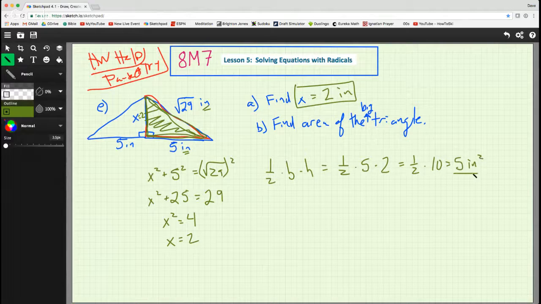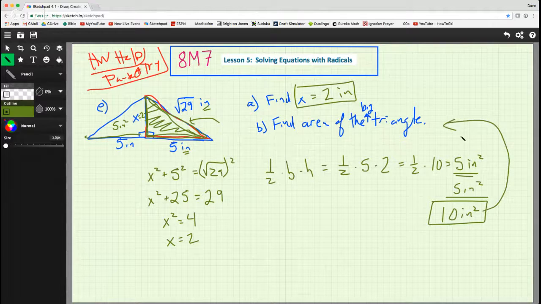Now, is that the answer? Well, no, because that's only this side. If this side is 5 square inches, this is also 5 square inches. So the answer is 5 square inches plus 5 square inches is 10 inches squared. And that is B.